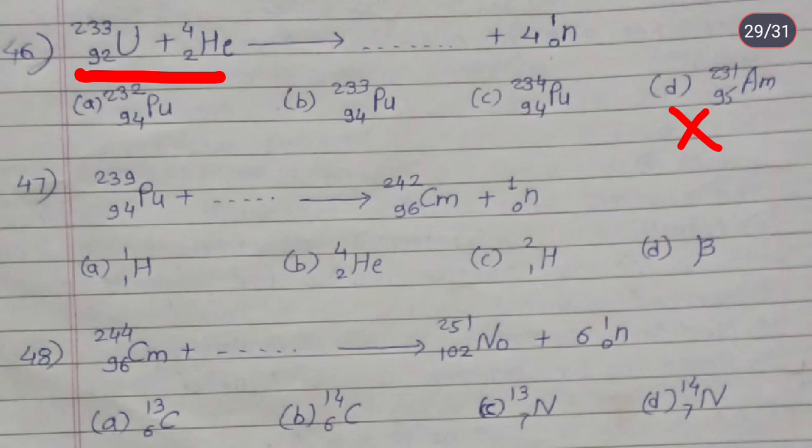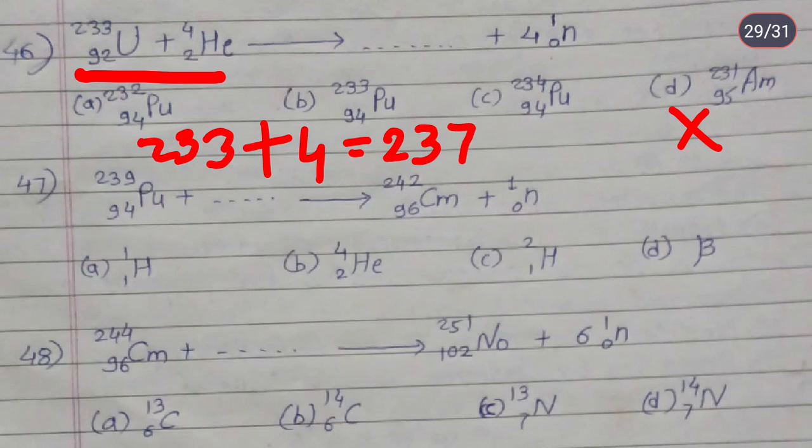Then we check the mass number. Here 233 plus 4 means 237. At the product side, there is removal of how many neutrons? 4 neutrons. 1 neutron contains 1 mass number.